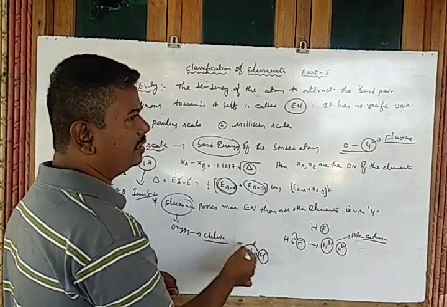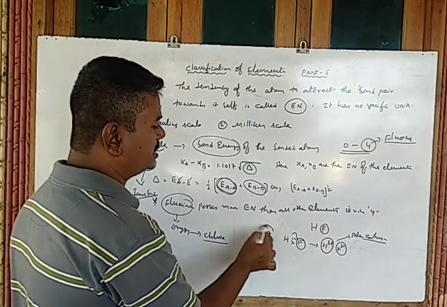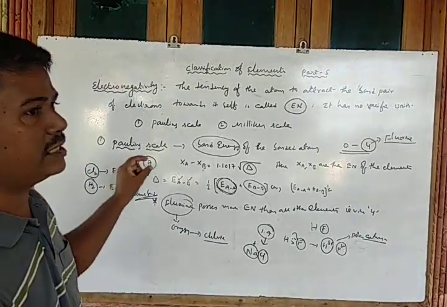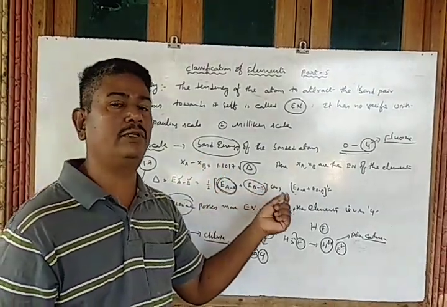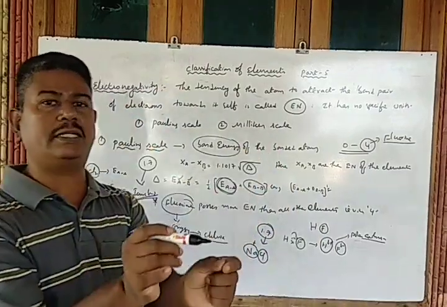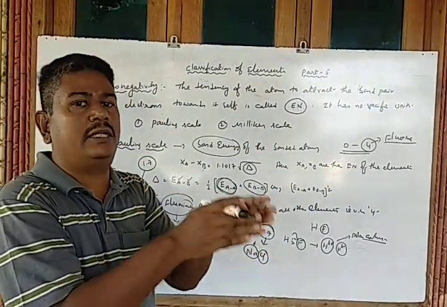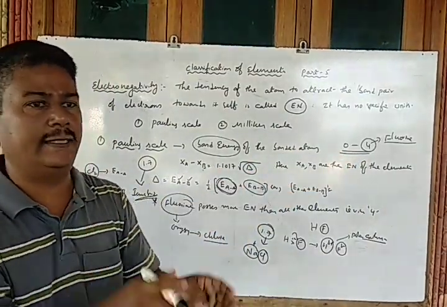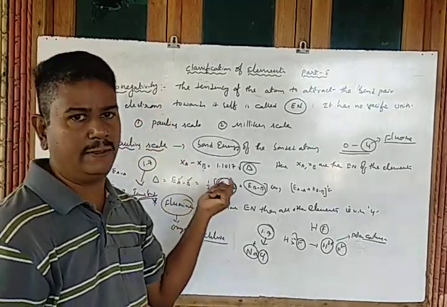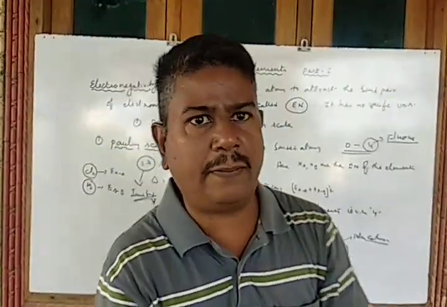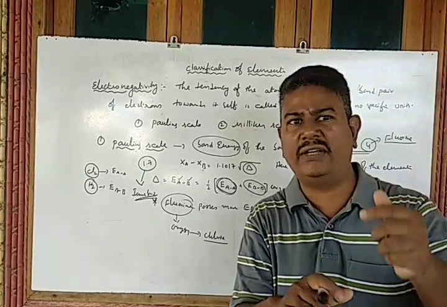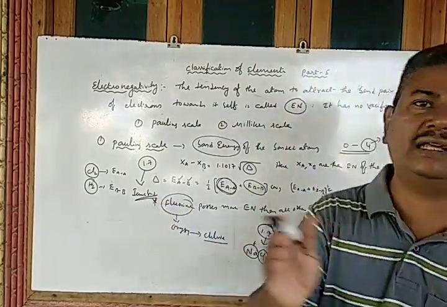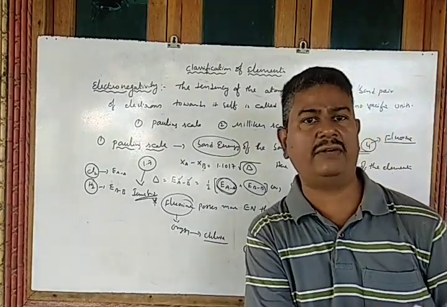The electronegativity difference is greater than 1.7, so it is said to be an ionic bond. From the difference in electronegativities, we can conclude whether a bond between two atoms is ionic, covalent, or 50% ionic and 50% covalent. If the difference is greater than 1.7, it is ionic; around that value it is 50% ionic and 50% covalent.